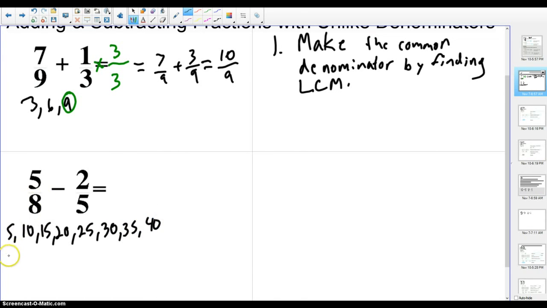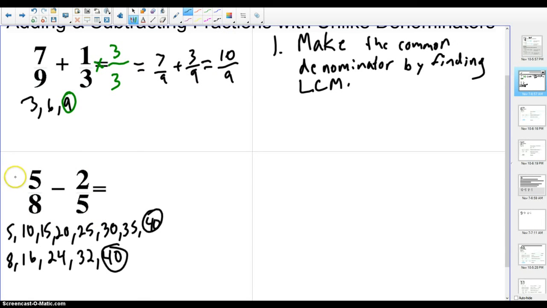And we do the same thing with 8. 8, 16, 24, 32, 40. Perfect. We have a common multiple of both of these that are the same. So 40 and 40. So we need to ask ourselves, what do we need to multiply 8 by to get 40? And that answer is going to be 5.